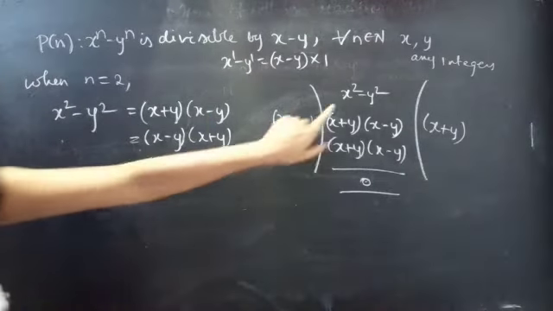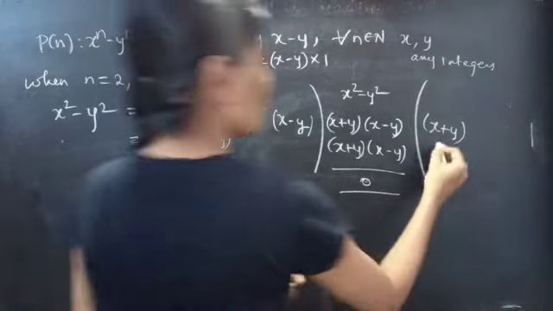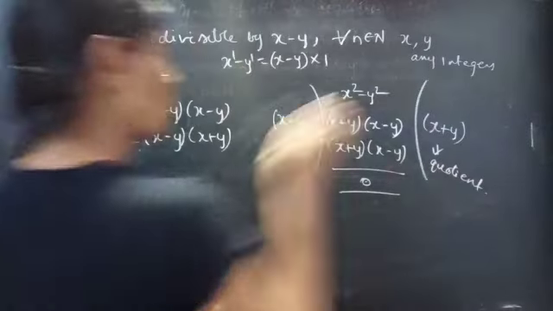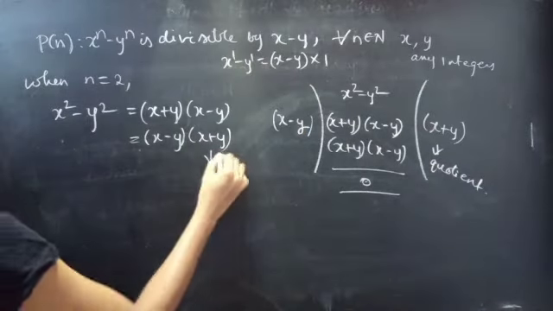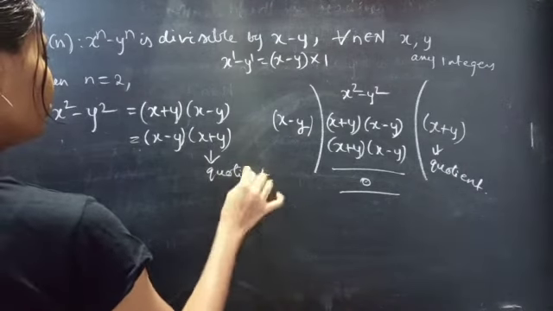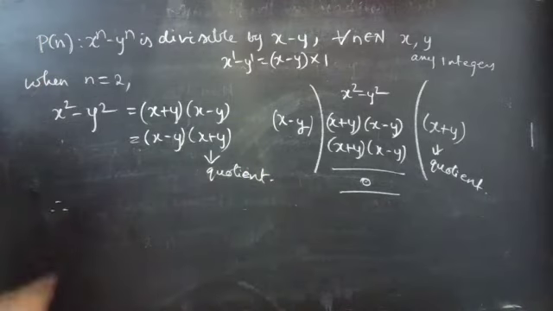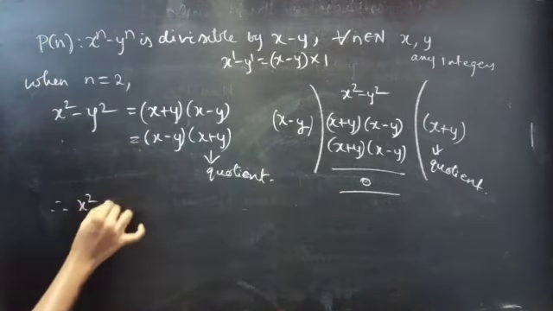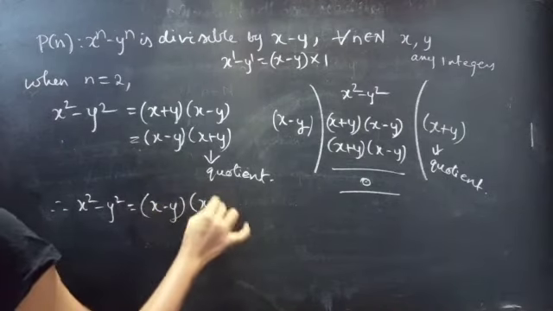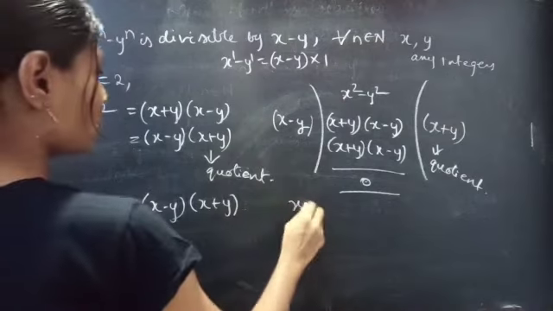So from this we can say that x square minus y square is divisible by x minus y, leaving quotient x plus y, right? So this is a quotient. Therefore, x square minus y square equals to x minus y into x plus y. This is obviously divisible by x minus y, right?